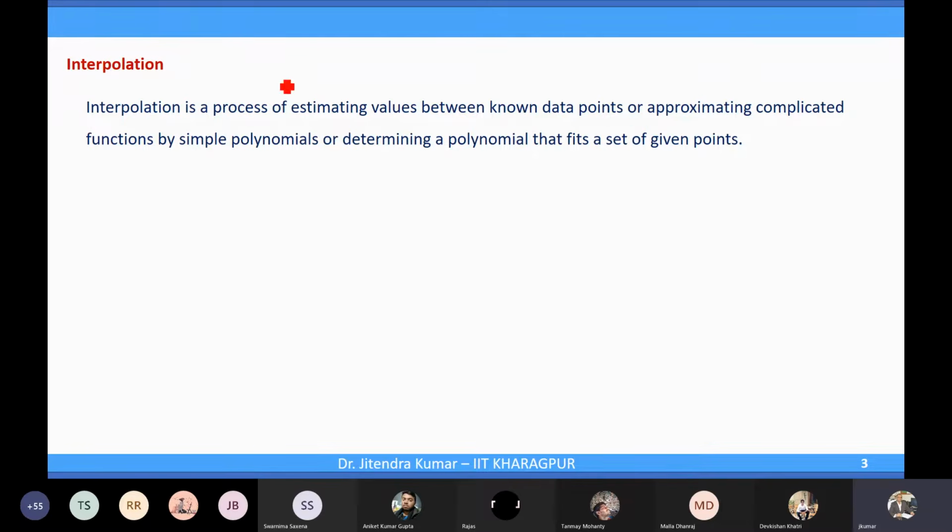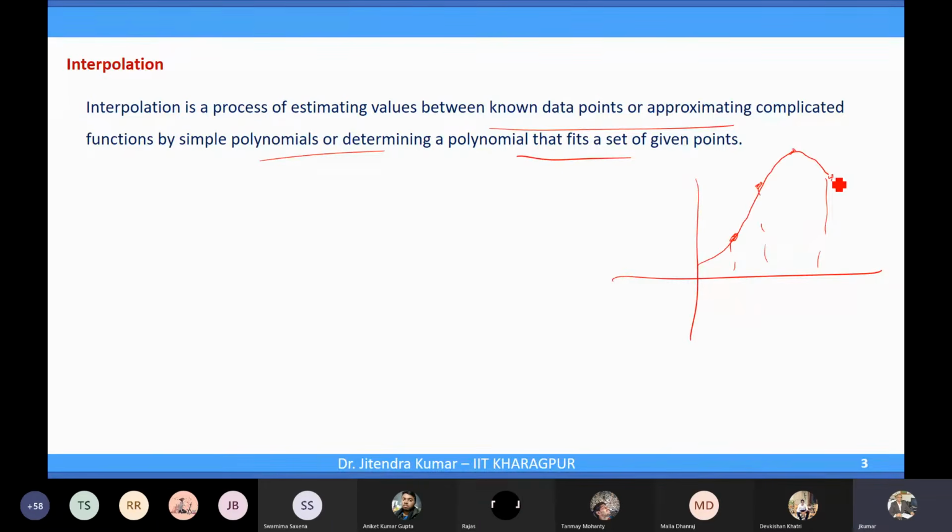In each case, whatever I have mentioned here, the scenario is different, but the point is that either some data points are given, or a complicated function is given. In that case also we can compute some data points, and the idea is the polynomial which passes through the given points.